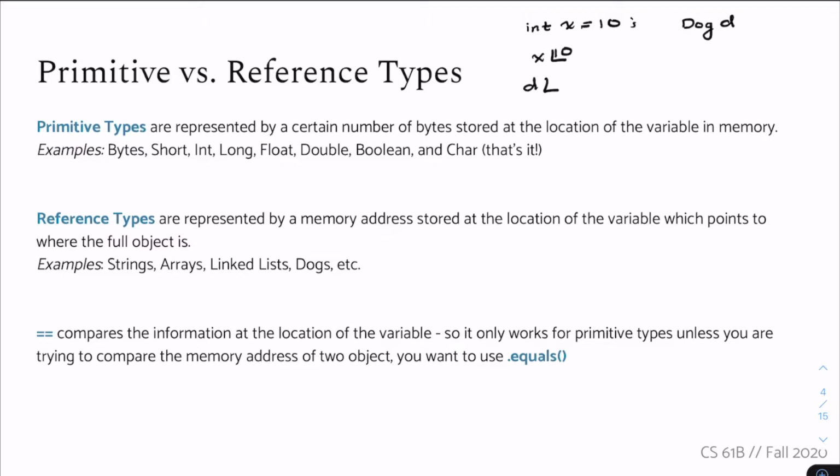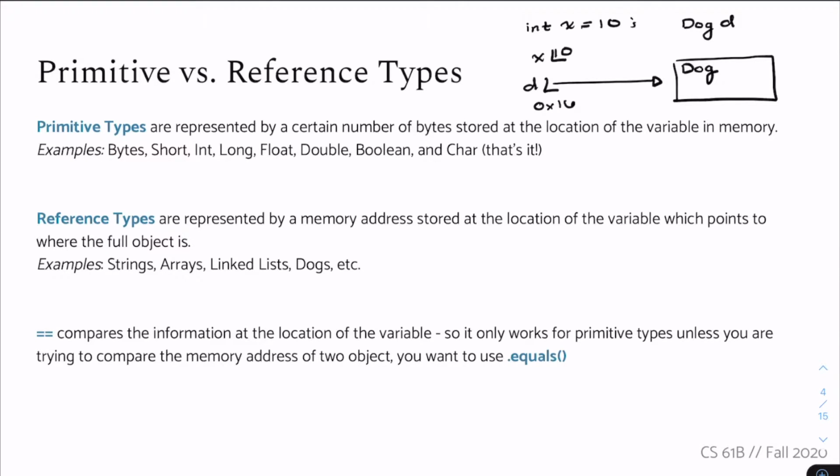But instead of putting the dog object in this box, which is not really big enough, what we do is here we put a memory location. So that might look like some weird number that's a memory address for some other place in your system's memory. And then we visualize that by drawing a pointer to the object.